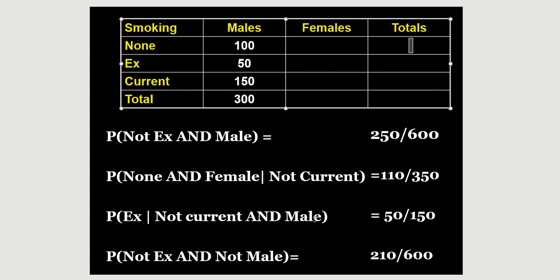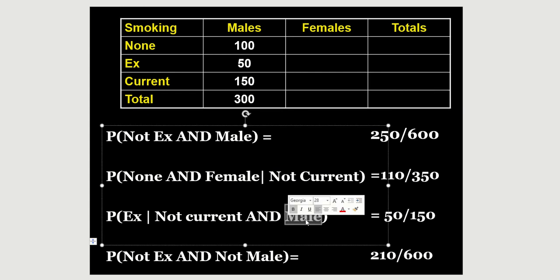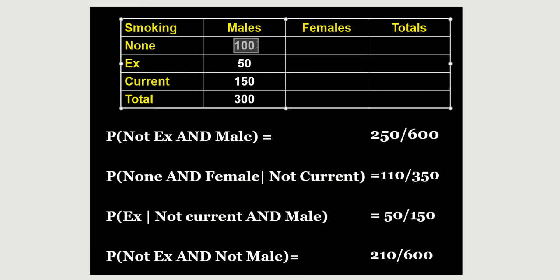And I'm not done because it's not the males that I want. I want the males and not current. So the males intersecting with the not current. So intersecting with none is okay. Intersecting with ex-smoker is okay. Intersecting with current is not okay. So I'm going to take this out and the total out.